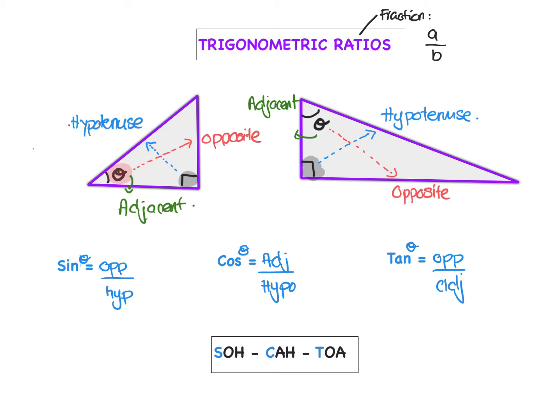SOH: sine is O over H. CAH: cos is A over H. TOA: tan is O over A. So SOHCAHTOA is a quick way to remember them. If you didn't have a formula sheet, you could quickly write that on the top of your page and you'll remember the rules.